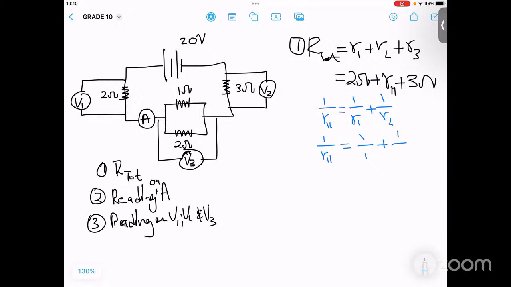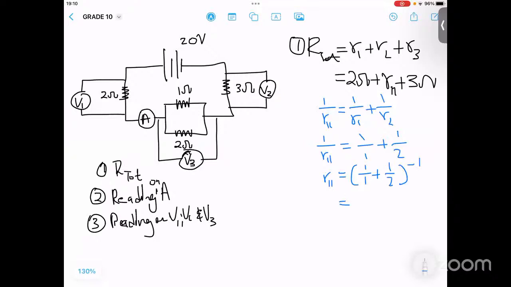Then the third step, you say R parallel, no longer 1 over R parallel, equals 1 over 1 plus 1 over 2, you close, you say to the exponent -1.